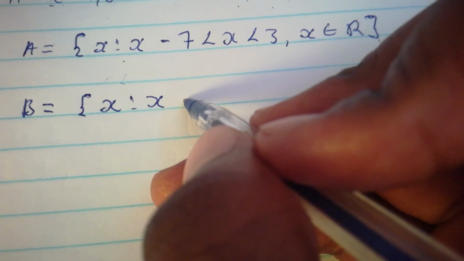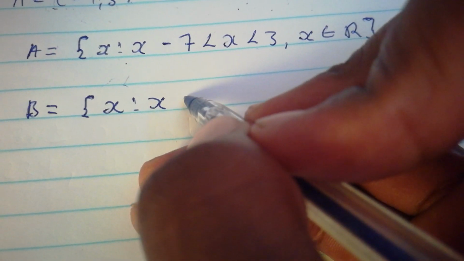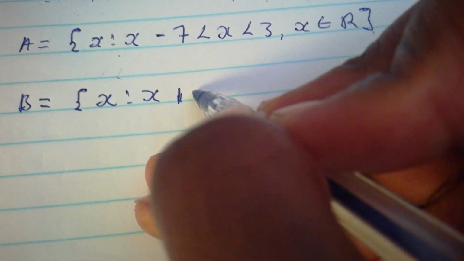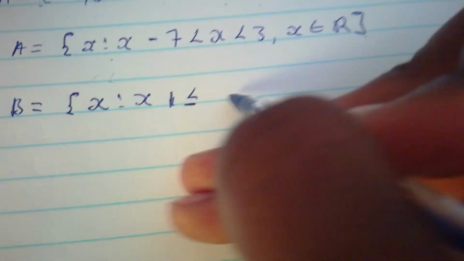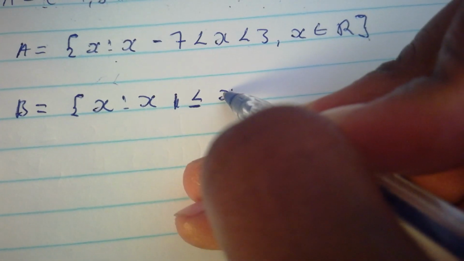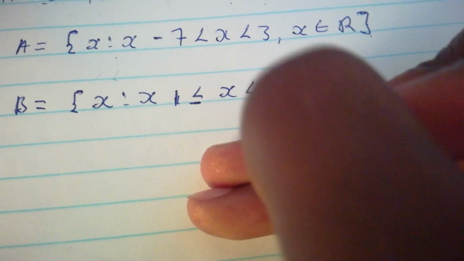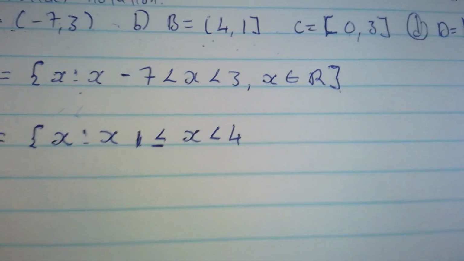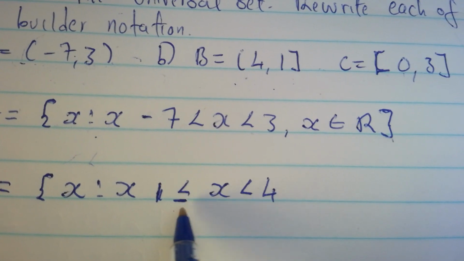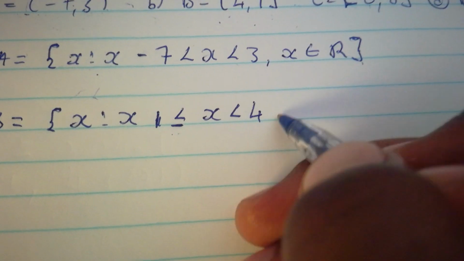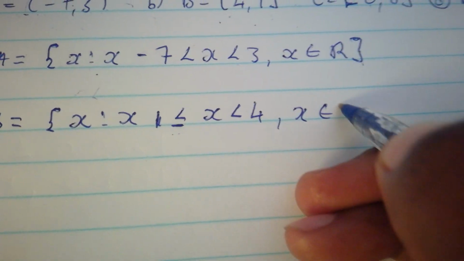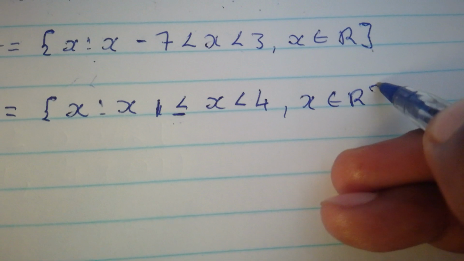So 1 is part of the set. We'll say x is greater than or equal to 1, but less than 4. So 4 won't be part of the set because of the bracket that we have, but 1 will be part of the set. Now we included the equal sign here. Then we also indicate x is a real number. Then we close.